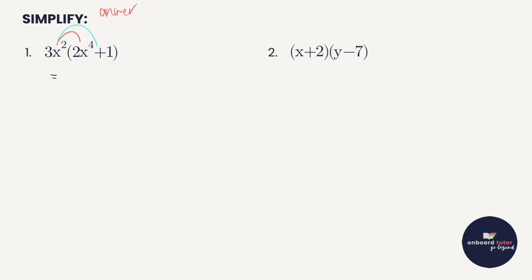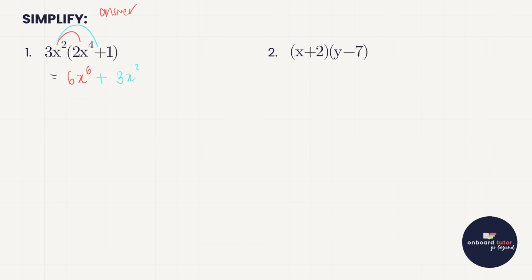A positive times a positive is a positive. Then I'll do the numbers. 3 times 2 is 6. And then finally, the variables: x squared times x to the 4 means there are 6 x's in total. And then we'll do the same with the second term. So positive times positive gives us a positive. 3 times 1 is 3, and that is all being multiplied by x squared.